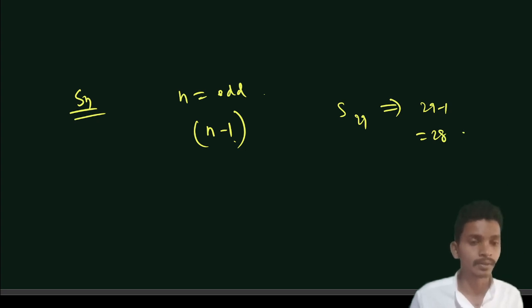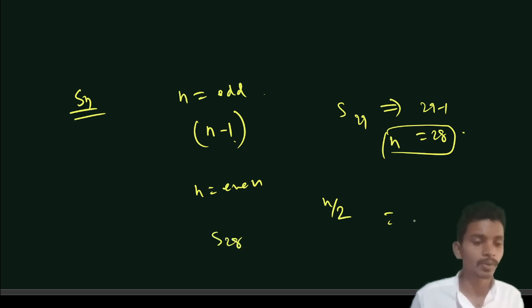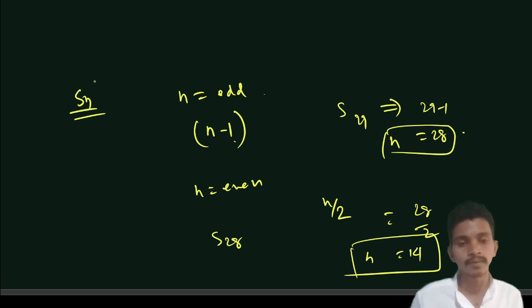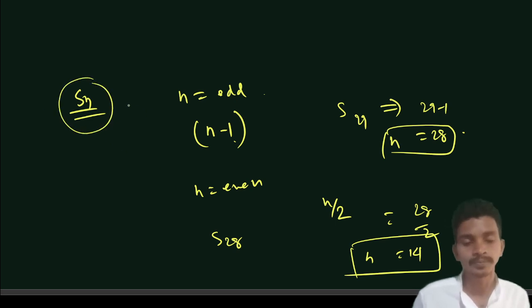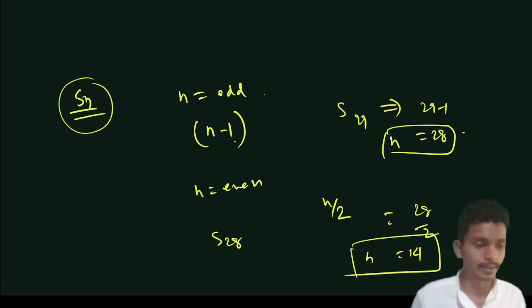And if n is even, then the number of operations needed is n upon 2. So if S28, then the number of operations needed is 28 upon 2, that is 14. So h needed is 14 if we have the Sn axis.